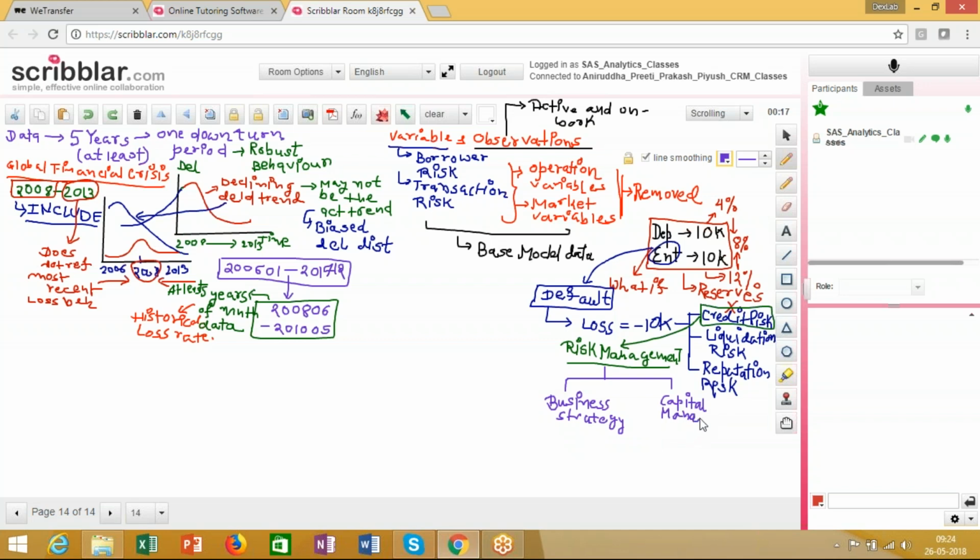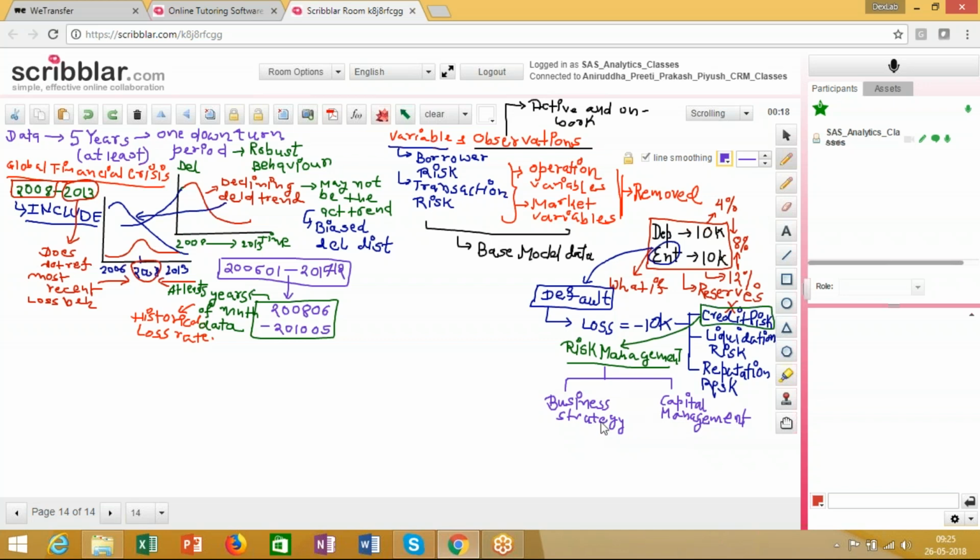The capital management is there to ensure that the bank is adequately capitalized, such that in cases of defaults, even if there are borrowers who do not pay back the money, the bank would have a sufficient amount of money set aside, which could absorb those losses, right? So that is where the role of capital management comes in.